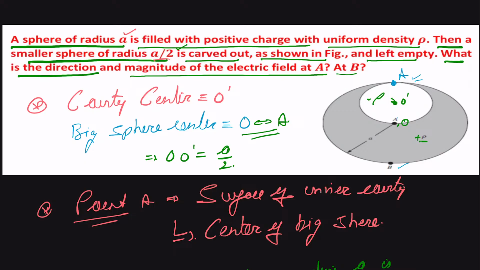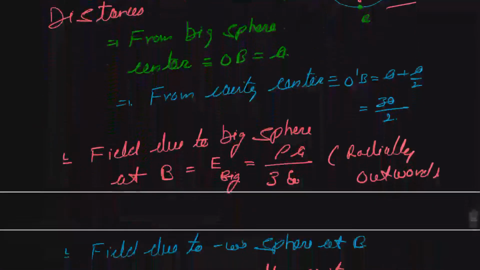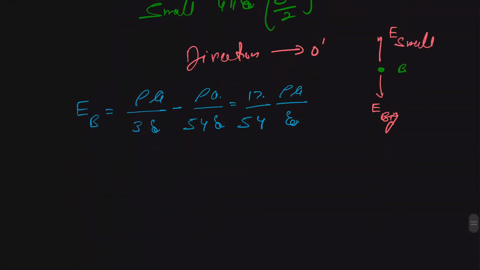That will be another interesting question, where you are supposed to find the electric field at point A as well as point B. Point B is at the same position, so it is not going to change much, but the only difference will be because of point A, since point A is now at the point of tangency. So you can try out this different version.